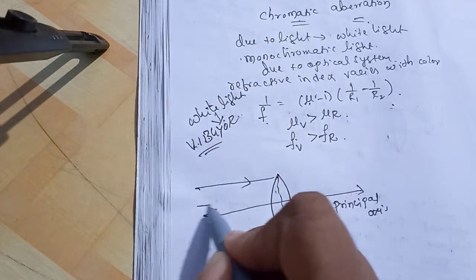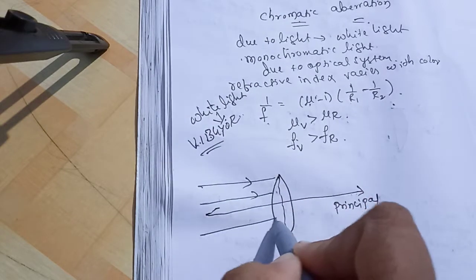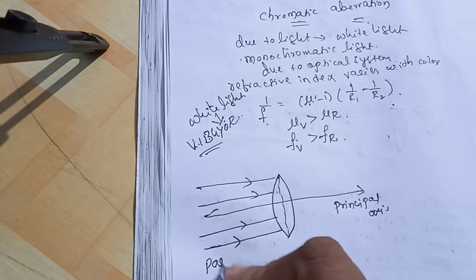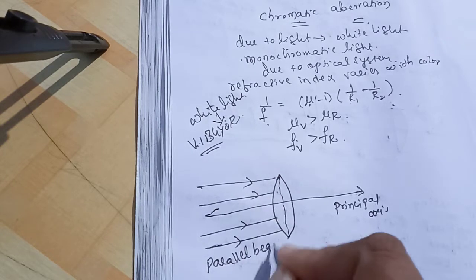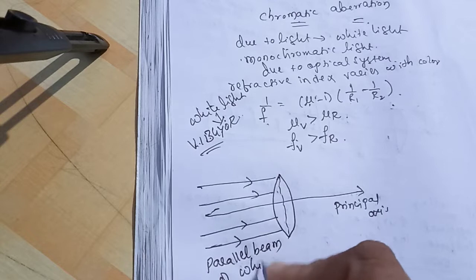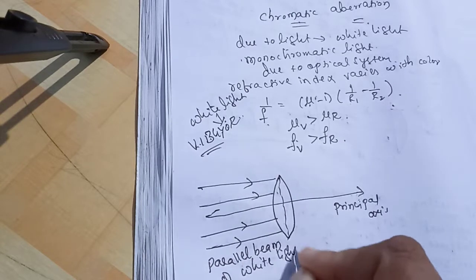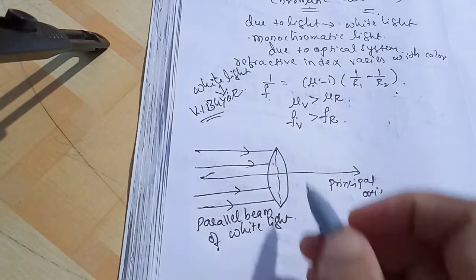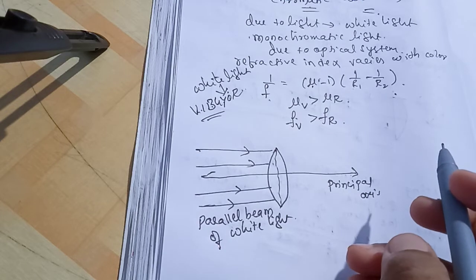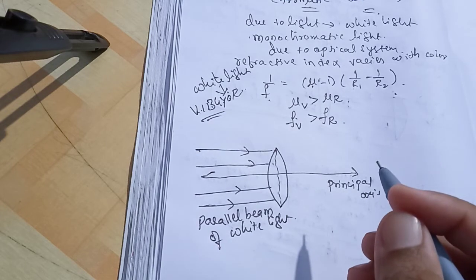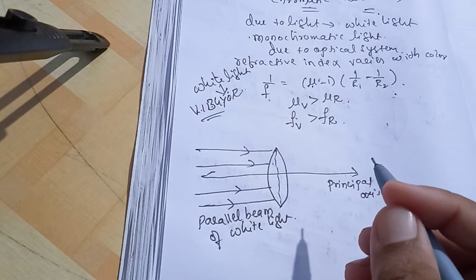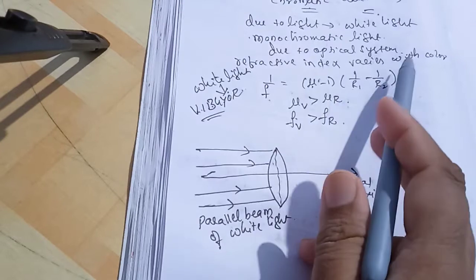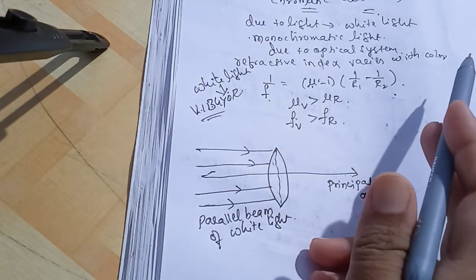Now these are the parallel beam of white light. When this white light is refracted through the convex lens, it splits into 7 different colors, that is VIBGYOR.